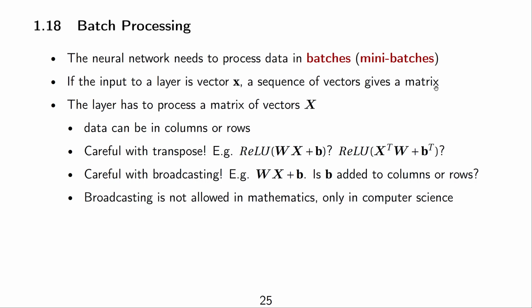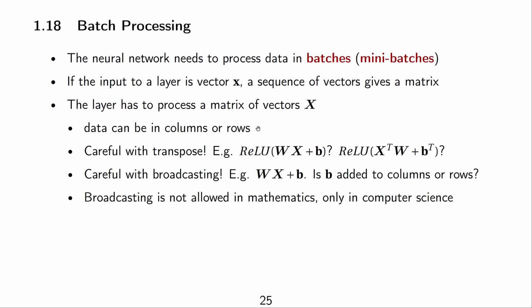So the layer has to be able to take a vector, one element, as input, but it also has to be able to take a matrix as input, where each of the rows or the columns is a vector that should be considered as input data of the network. So we basically process a bunch of these input data at once.